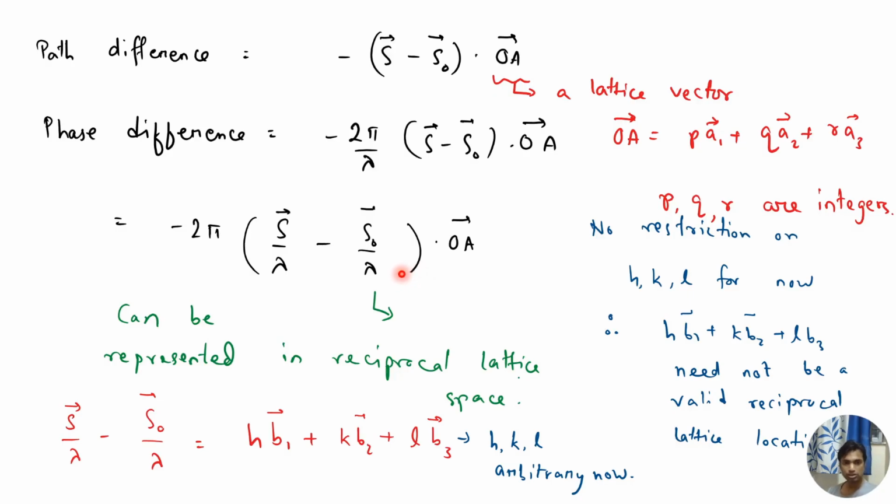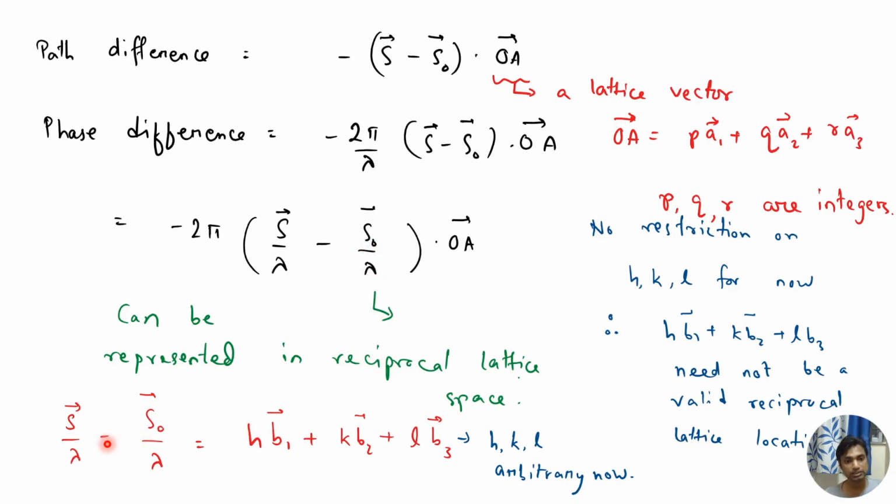Now if you see the quantity in this bracket, it has to have a dimension of 1 by lambda, or 1 by length, or the reciprocal of the length. So this is a vector in the reciprocal lattice space, and since it is a vector in the reciprocal lattice space, it can be written as a linear combination of the reciprocal unit vectors.